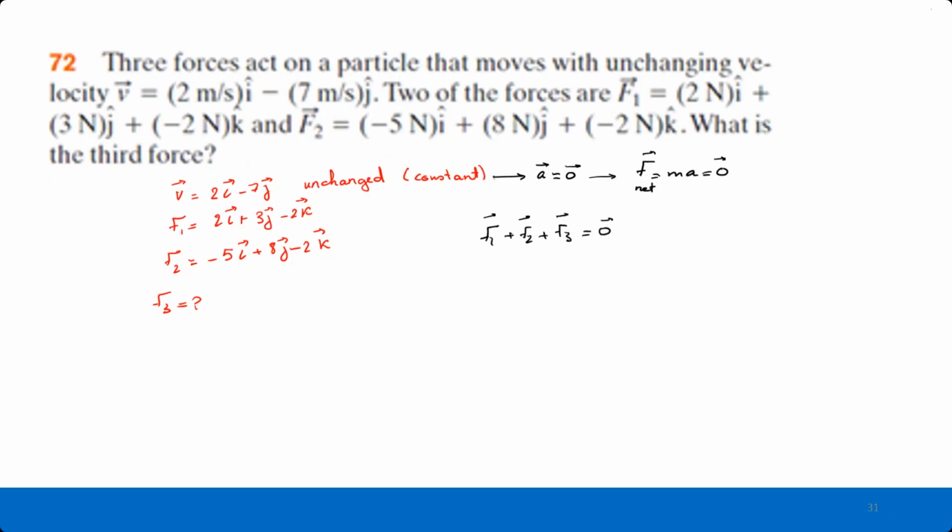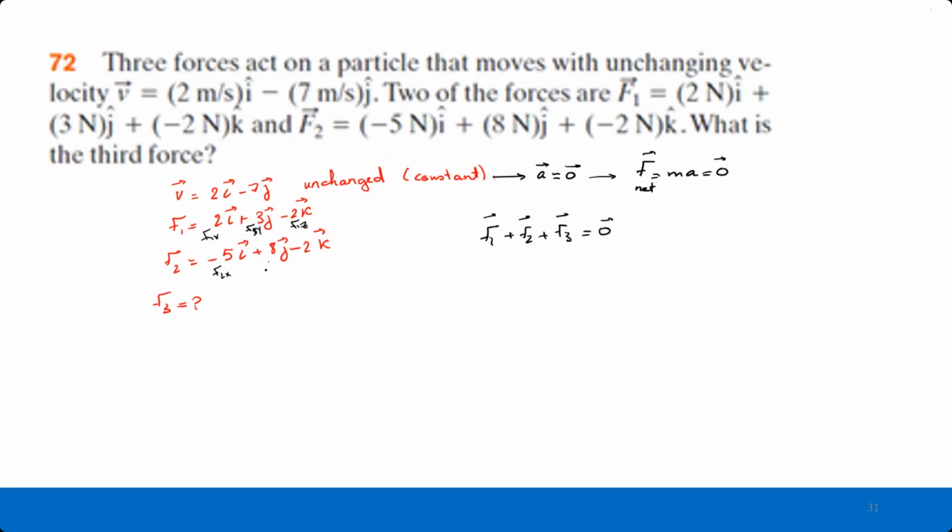Now, to get rid of the vector notation, I will split this equation along x, y, and z in this case because my forces have all three components. Namely, this is F1x, this is F1y, and this is F1z.